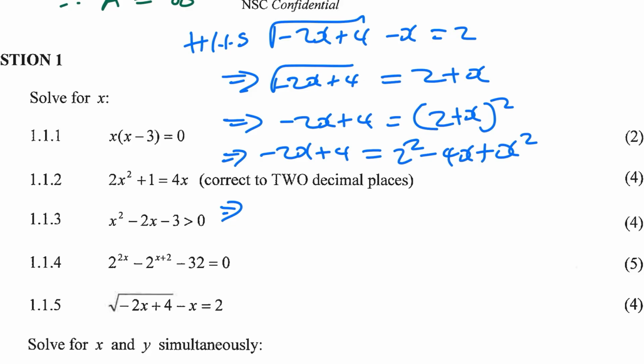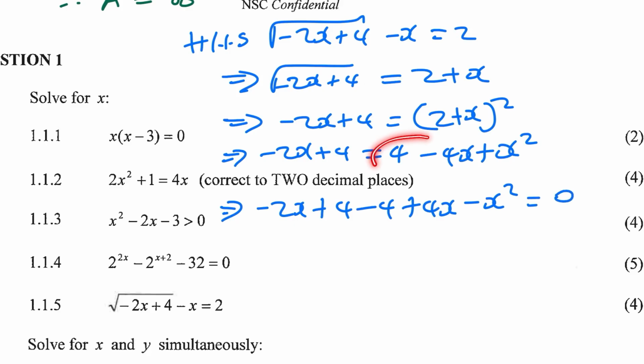And again, let's just put everything on the left hand side. Plus 4, rather, 2 squared is 4. So this is 4, so that I save my paper. So minus 4, this is going to be positive 4x, this is minus x squared equal to 0.